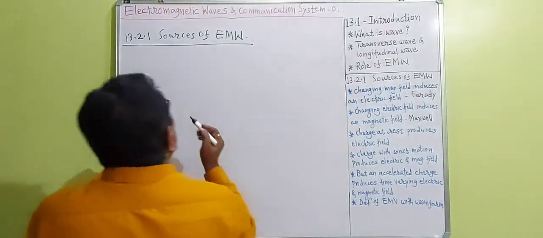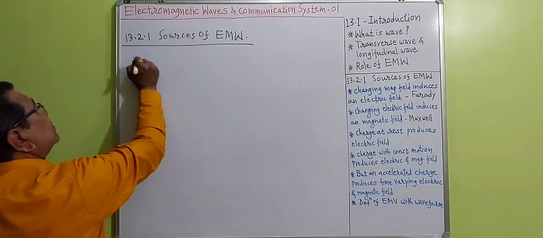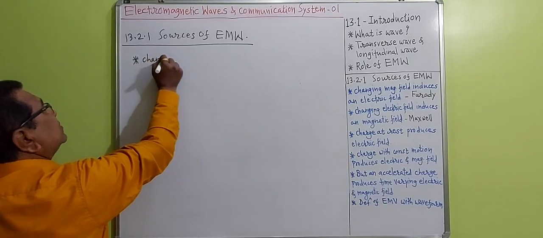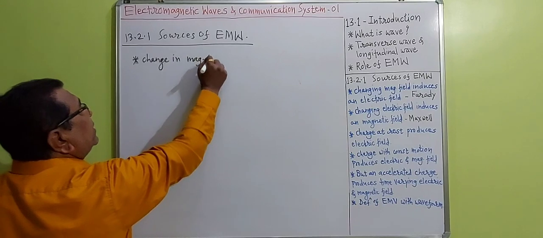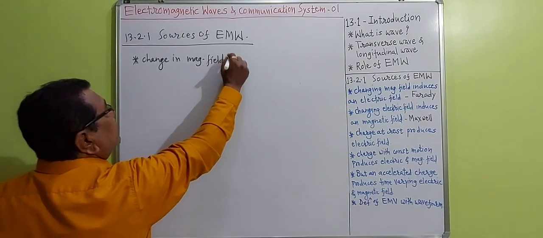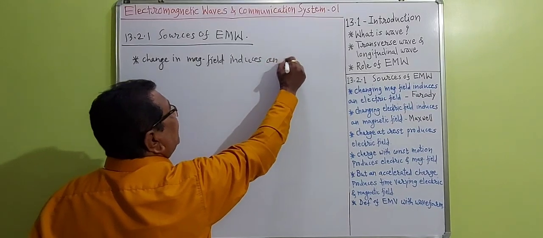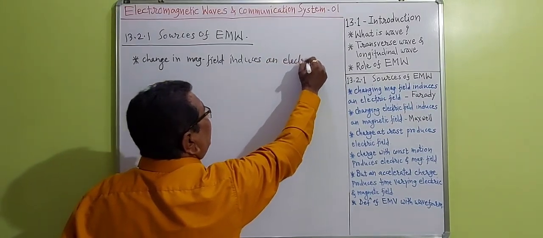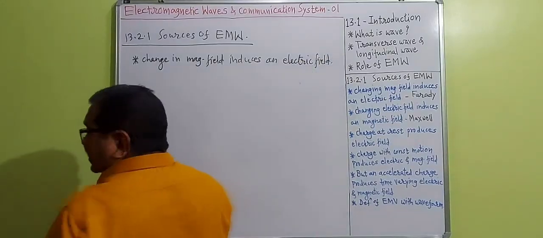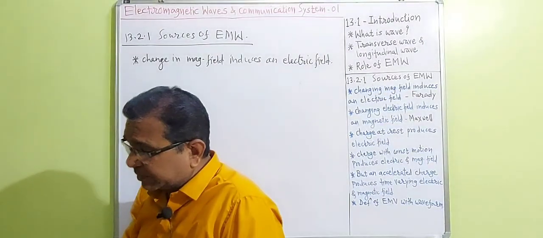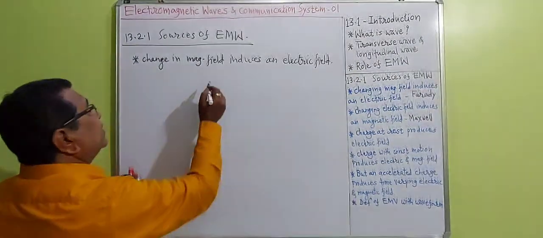Change in magnetic field induces an electric field. What is this concept? Let me draw the diagram first.